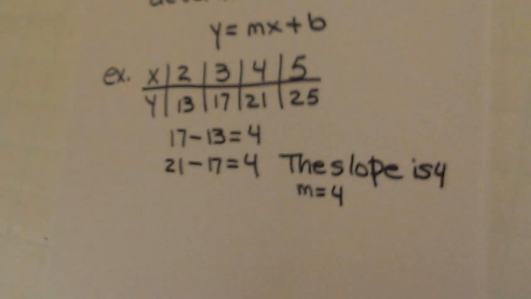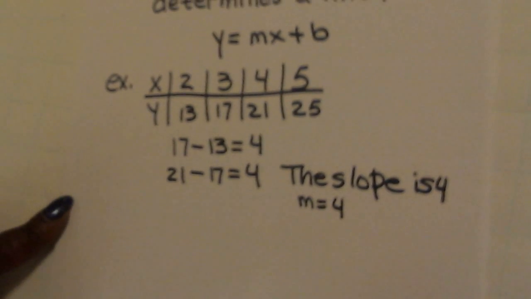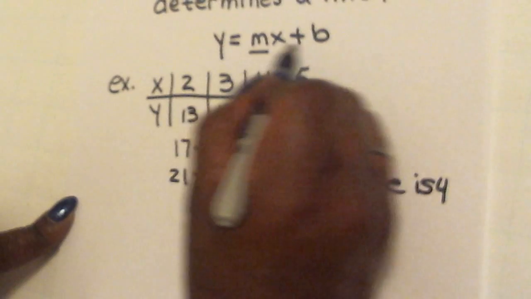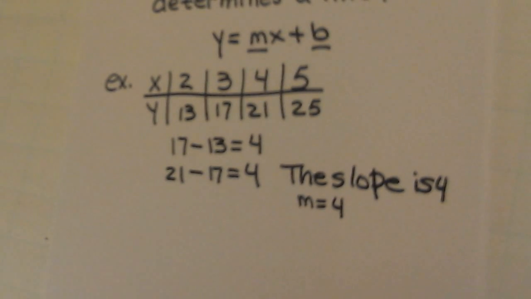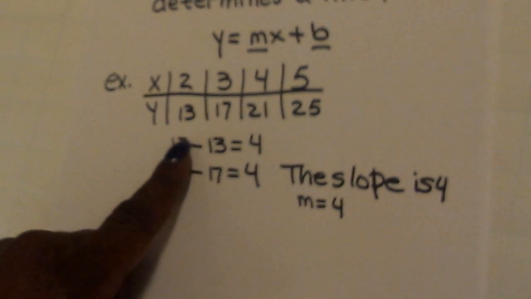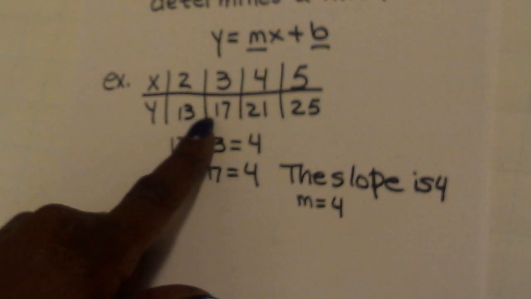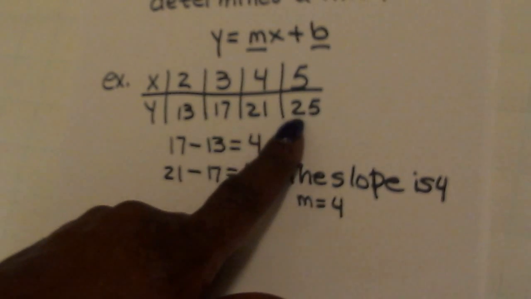We know m. Now we need to find b, because remember, to write the equation, we need to know m and we need to know b. Now, to do this, we need to find the y-intercept. If you remember, when we filled out a table, we had to add the slope to keep filling up the table.